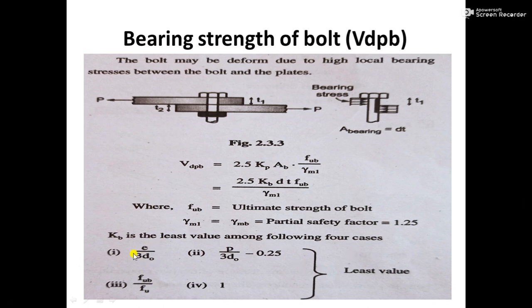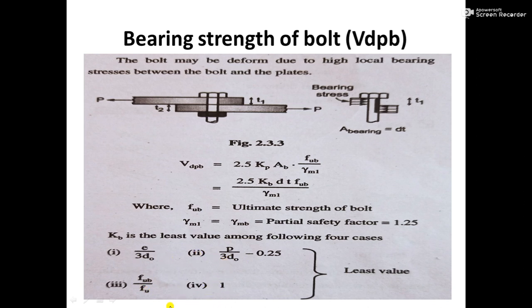That is e upon 3d0, where e is the edge distance and d0 is the gross diameter of the hole; p upon 3d0 minus 0.25, where p is the pitch; Fub upon Fu, ultimate stress in bolt upon ultimate stress in plate; or 1.